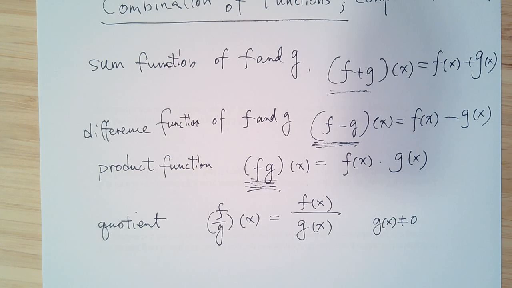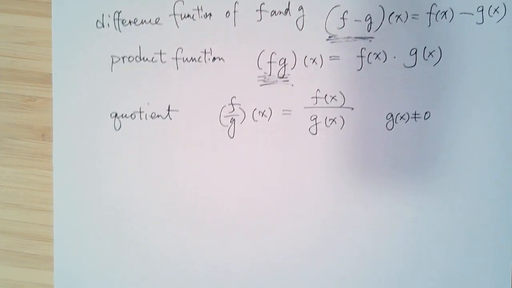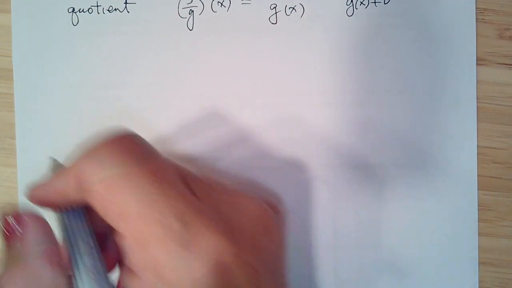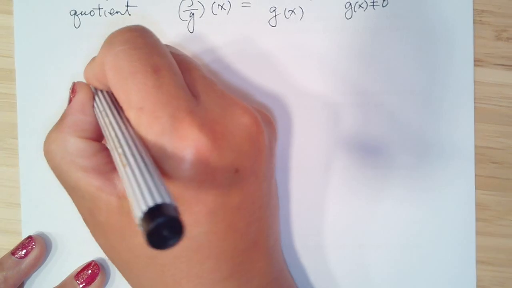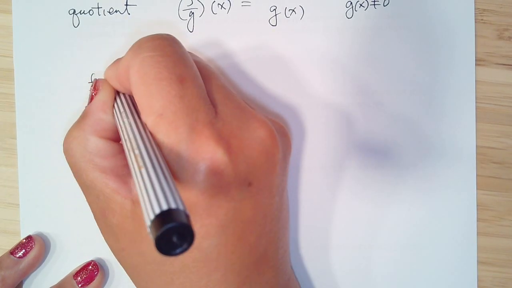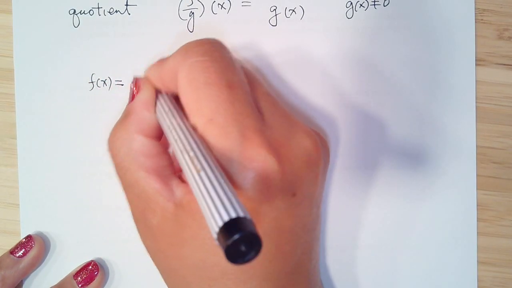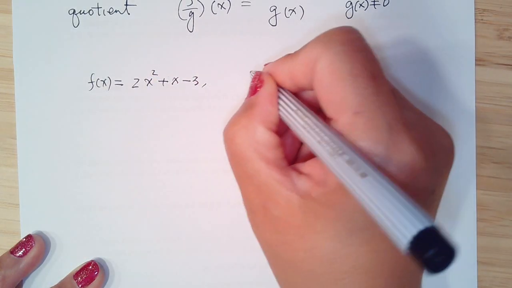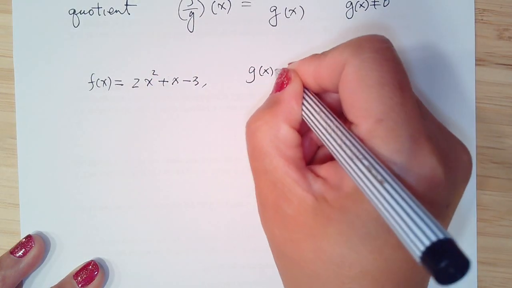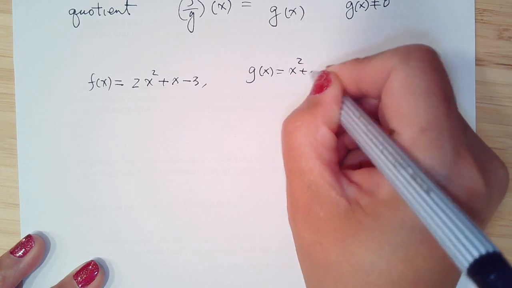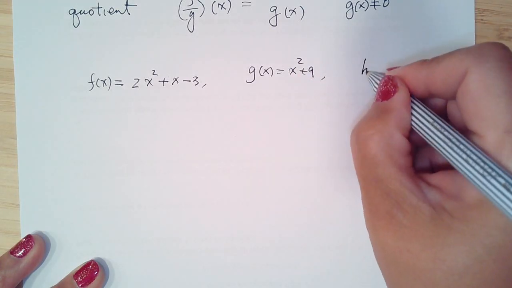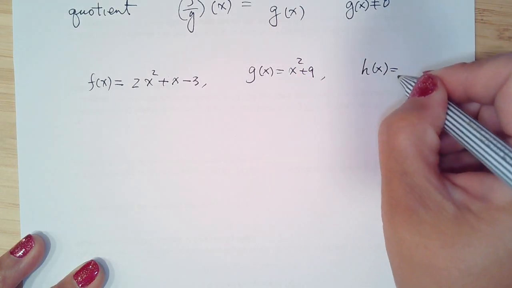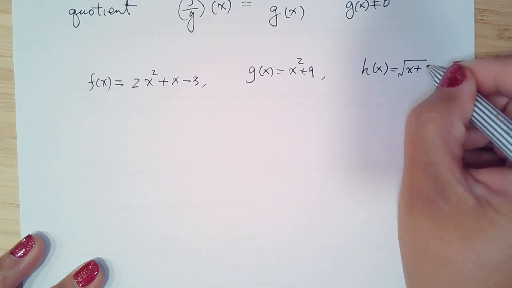Now, if you're okay with this, we're going to work on an example. So I give you several functions. I give you f of x equals 2x squared plus x minus 3. And I give you g of x is x squared plus 9. And the third one, h of x equals the square root of x plus 1. Those are given.